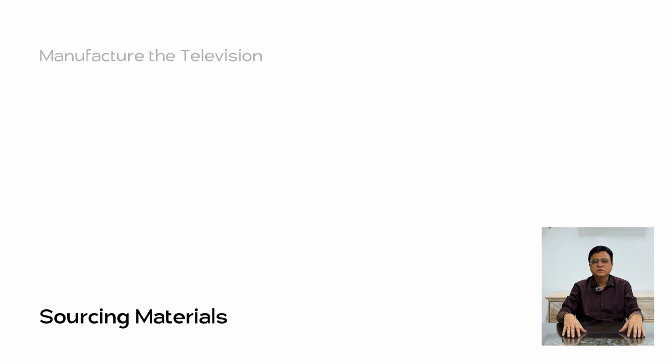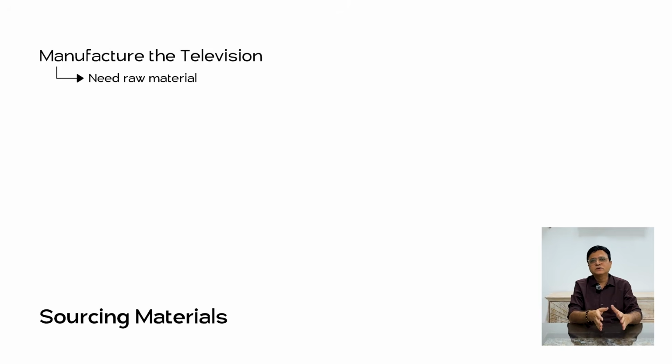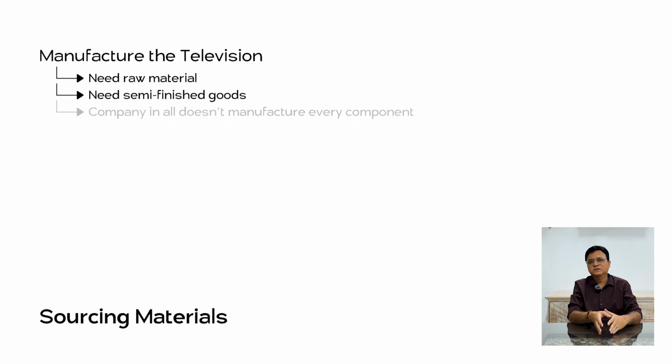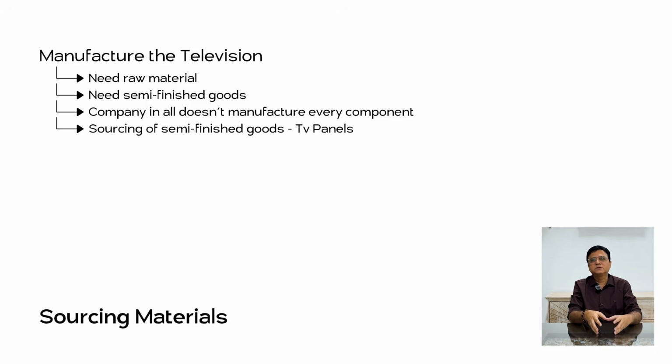Now step number 2 is sourcing materials. When I say sourcing materials, to manufacture the television, we need certain raw materials and also certain semi-finished goods. Because the company will not manufacture every component of the television. Sometimes they get certain semi-finished goods like TV panels from other suppliers.